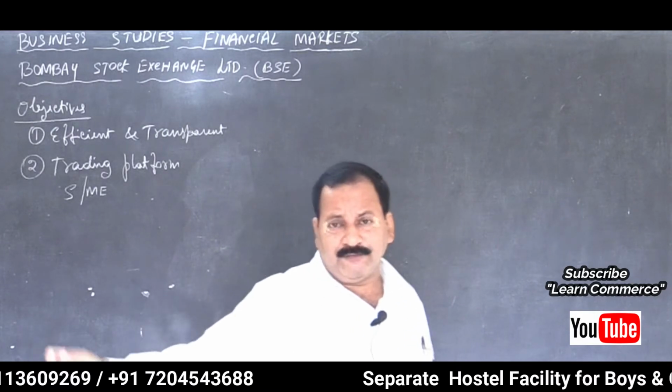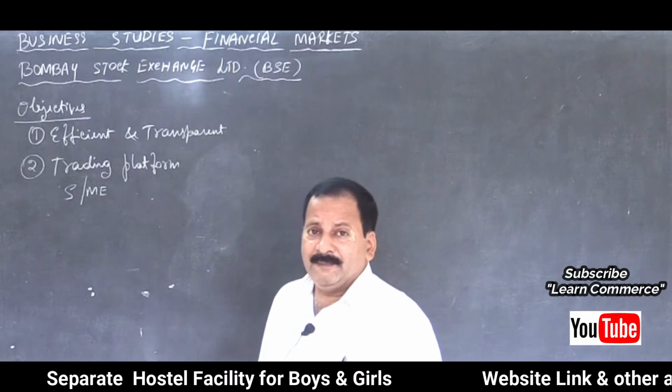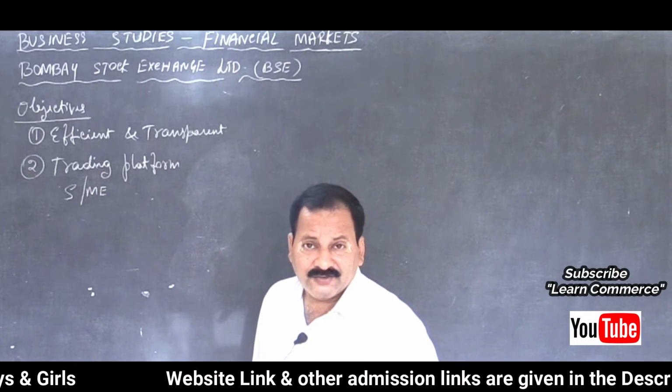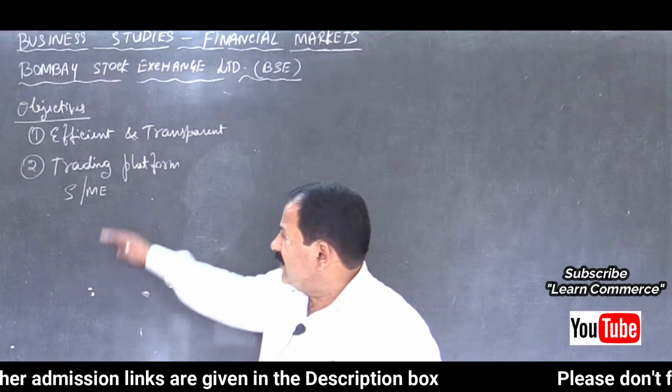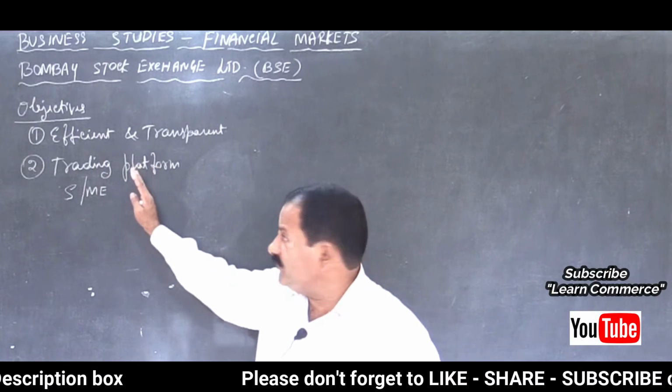There are some definitions regarding the capital outlay for medium and small enterprises, defined in the act, isn't it? Small scale industries. So let us not venture into that. You have studied that in first year.